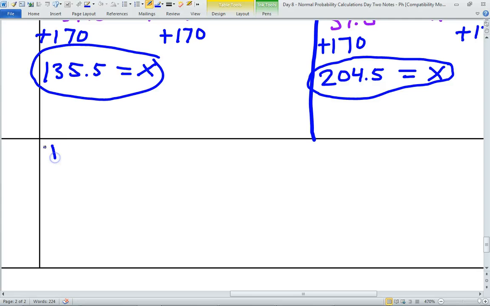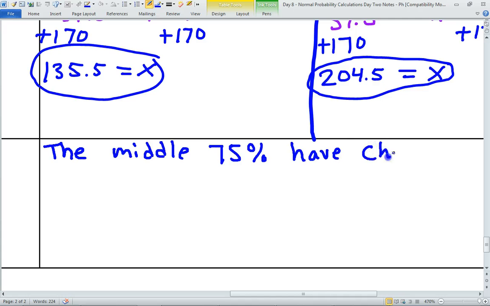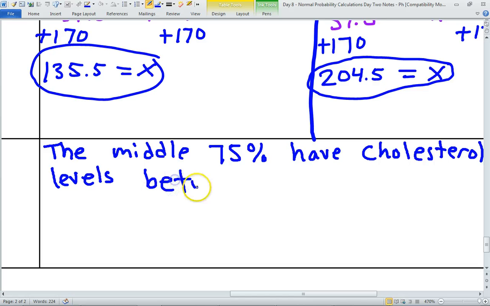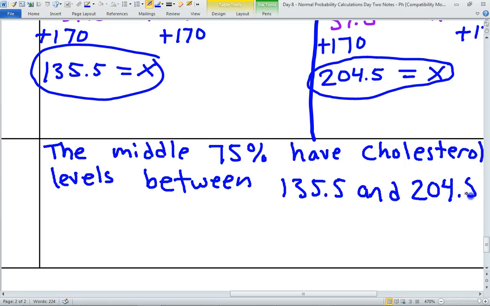The middle 75% have cholesterol levels between 135.5 and 204.5.